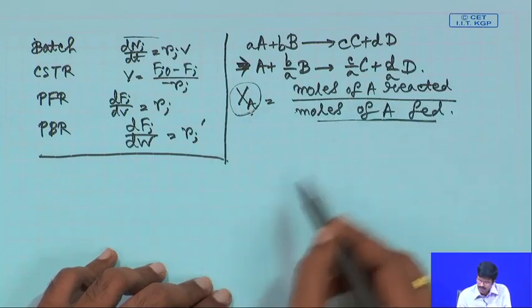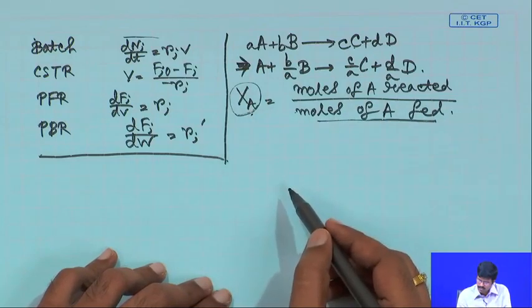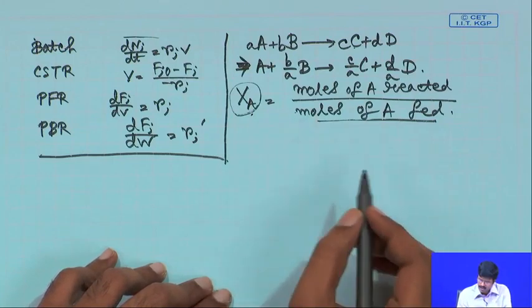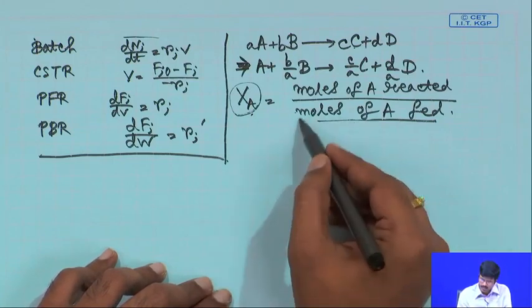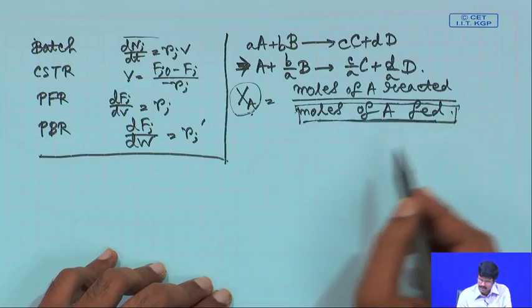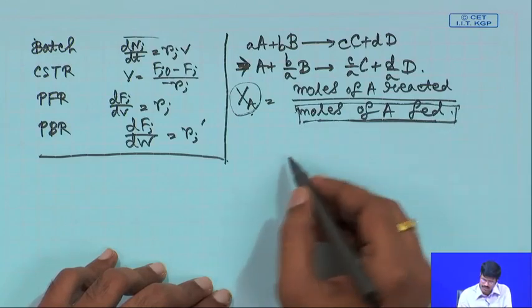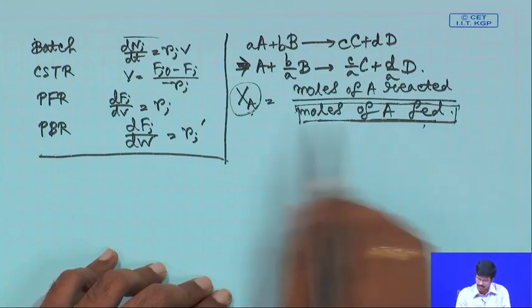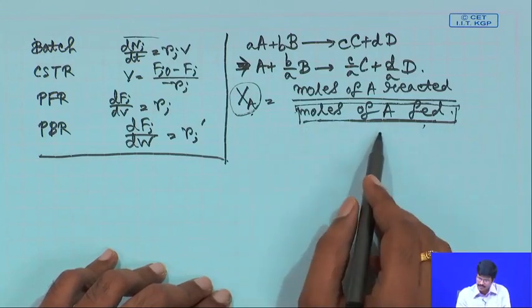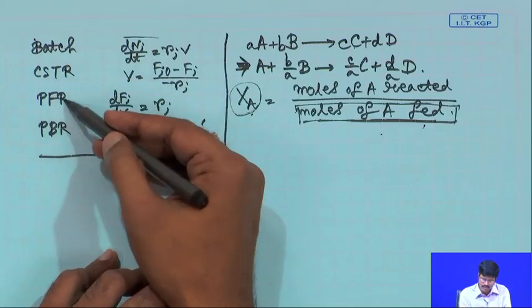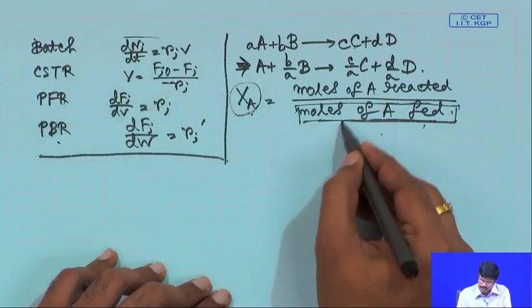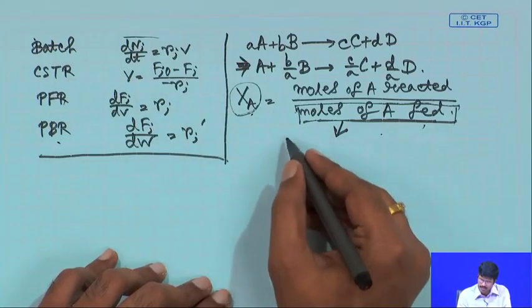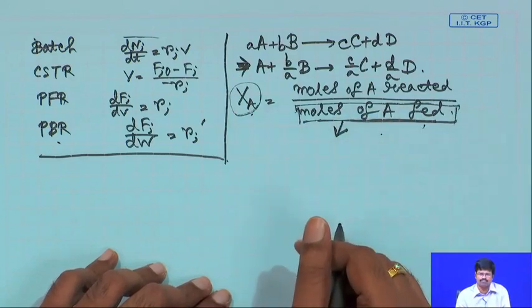What is the moles of A fed? For a batch system, this moles of A fed is basically equal to the amount of A at time 0. To start with, whatever amount of A is there, that is the moles of A fed for a batch system. For a flow system, for example CSTR or PFR or PBR, this moles of A fed is basically equal to the amount of A entering the reactor.